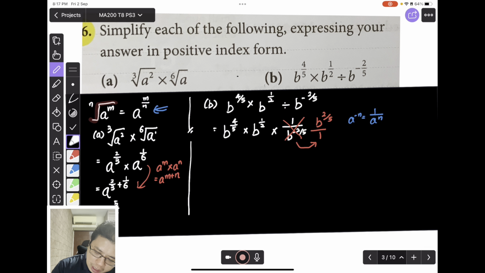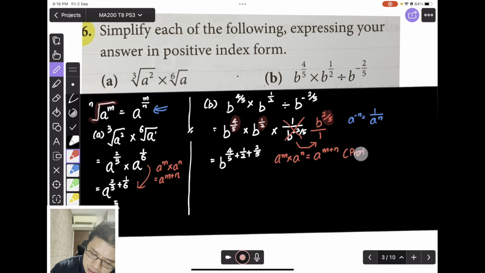Now looking at all these powers, it is all multiplication. This just gives me b to the power of 4 over 5 plus 1 over 2 plus 2 over 5. Again, because a to the power of m times a power n is the same as a power m plus n, the product law of indices.